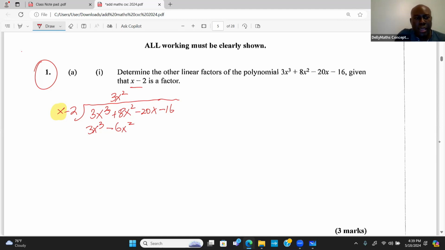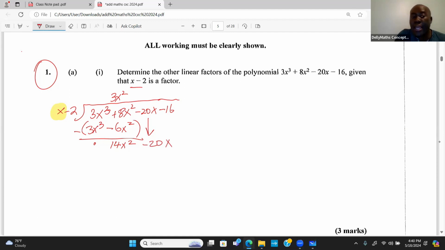Then we subtract: 3x cubed minus 3x cubed is 0, and 8x squared minus minus 6x squared gives us 14x squared. Then we bring down our negative 20x.